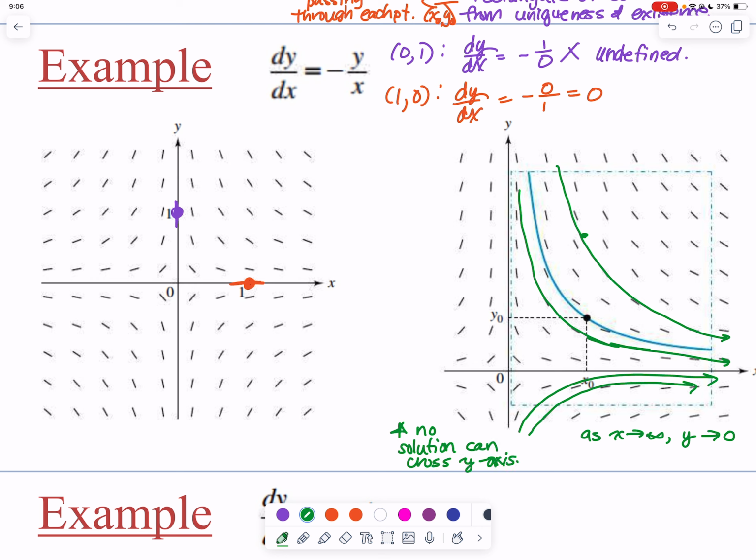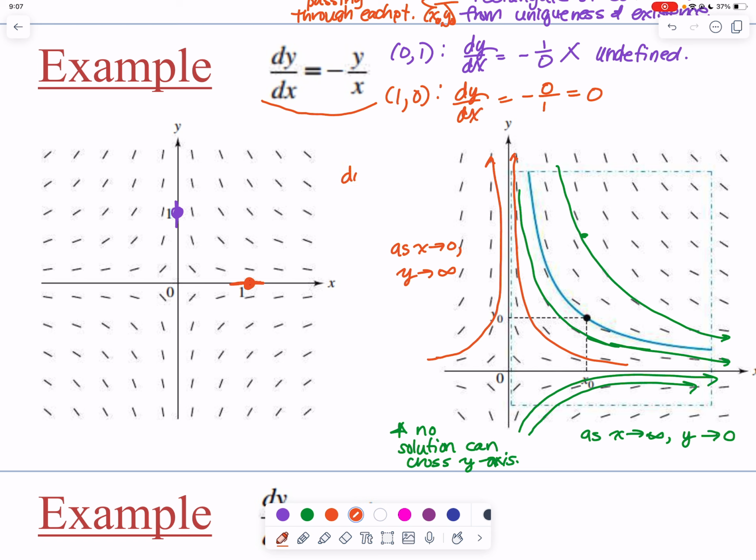So this is very interesting because as you can see here, as x gets very close to 0, y approaches infinity.